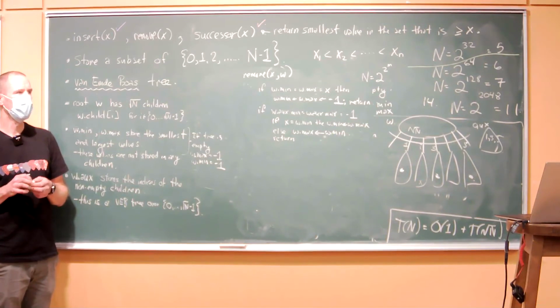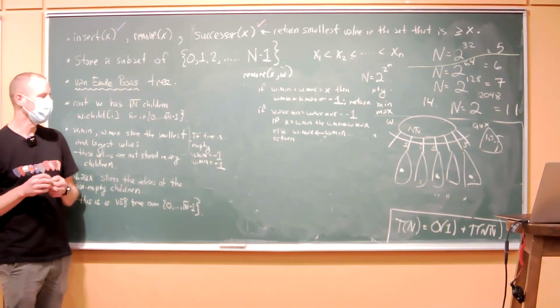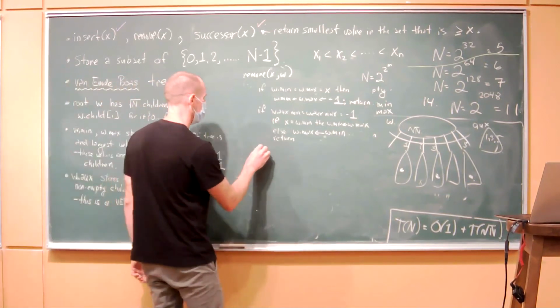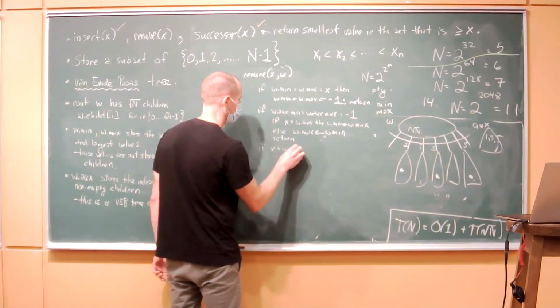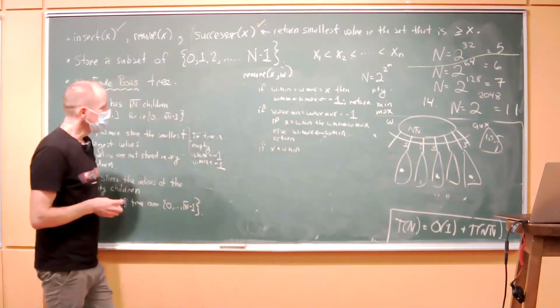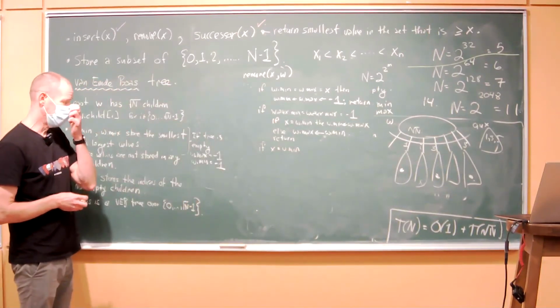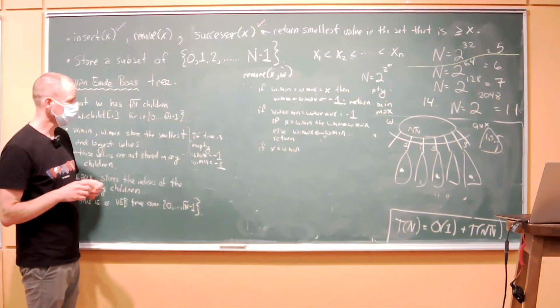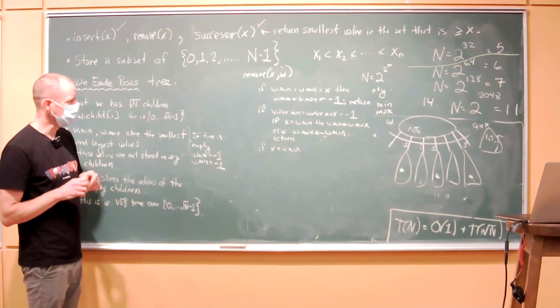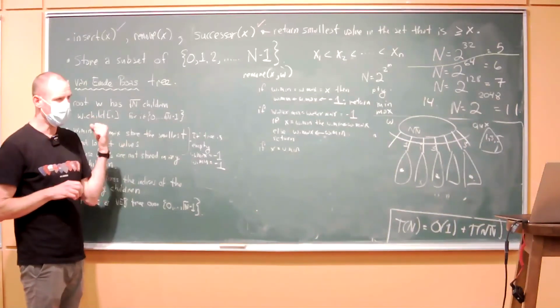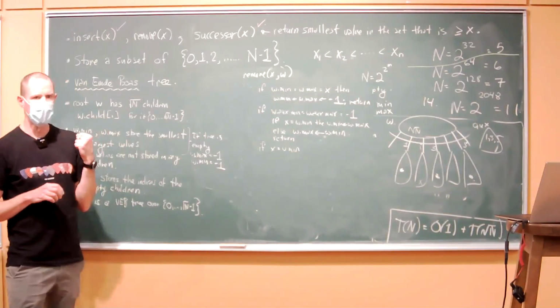Yeah. So if x is equal to w.min, then, well, a couple of things are going to happen. That needs to go away, and we need to find a new w.min.